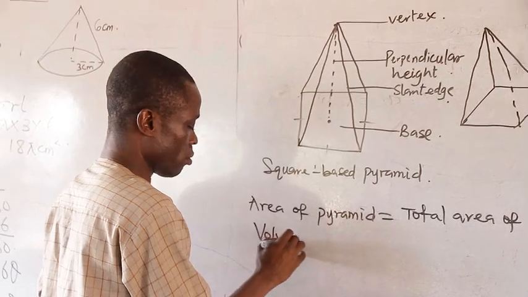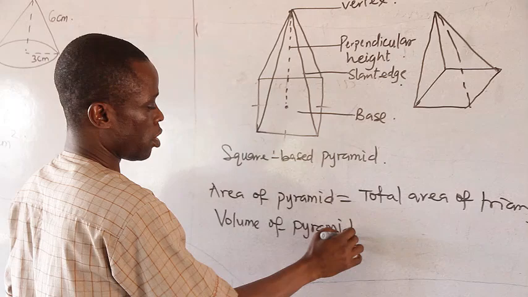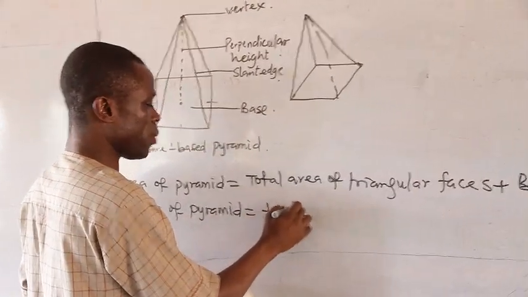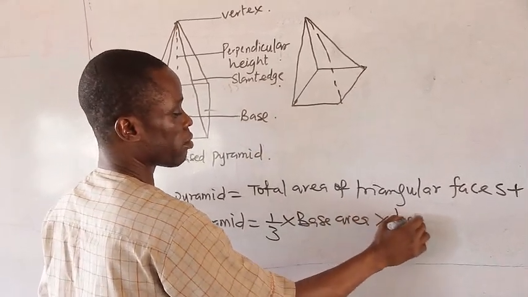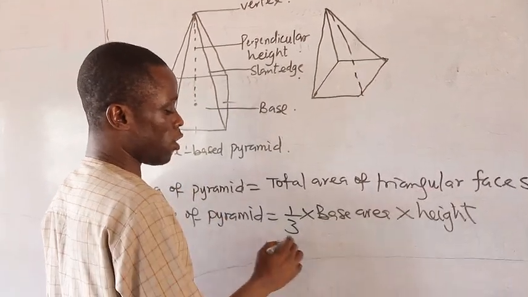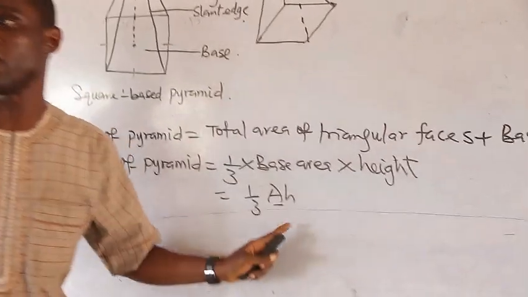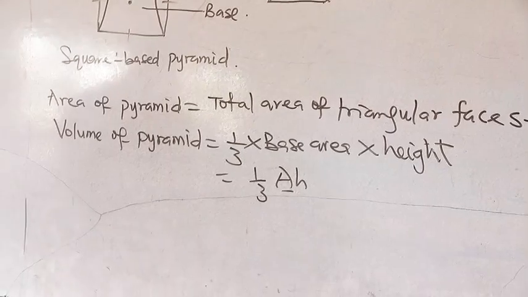Volume of pyramid is equals to 1/3 times base area times height. That is what I just explained, that this volume is still 1/3 AH, where A is what? Base area, and H is the perpendicular height.